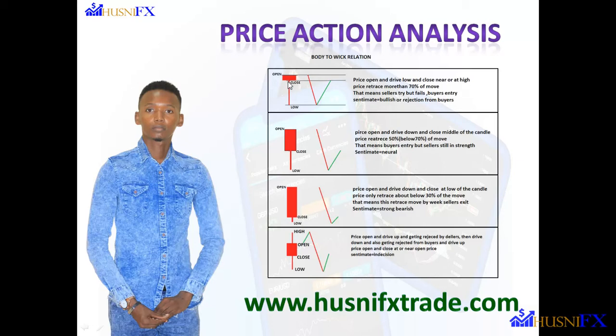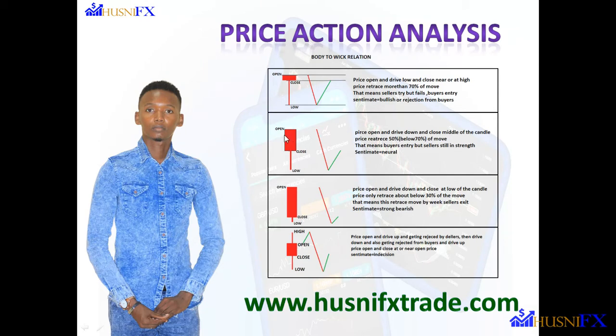You can see where the price has closed. So we call this a retracement of more than 70% of the move. That means sellers try but fail. Buyers enter, the sentiment is bullish, or what we call rejection from the buyers.